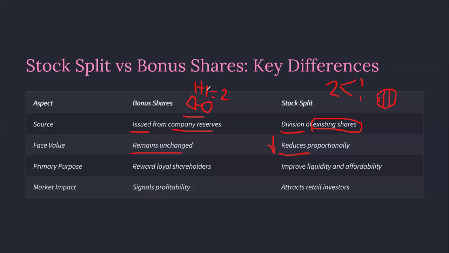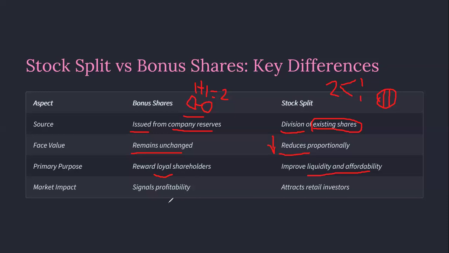The purpose of stock split is to improve liquidity and increase the number of contributors and capital. If more people are attached with the organization, that will give me the benefit of a larger capital base and help me with more contribution from individuals. In case of bonus shares, it is recognized as a reward for loyalty, so it is called a loyalty reward.